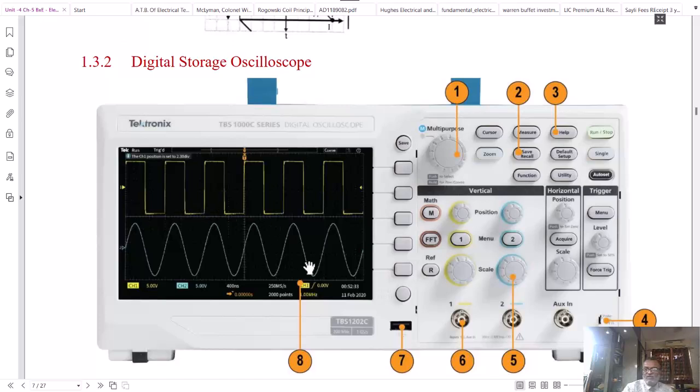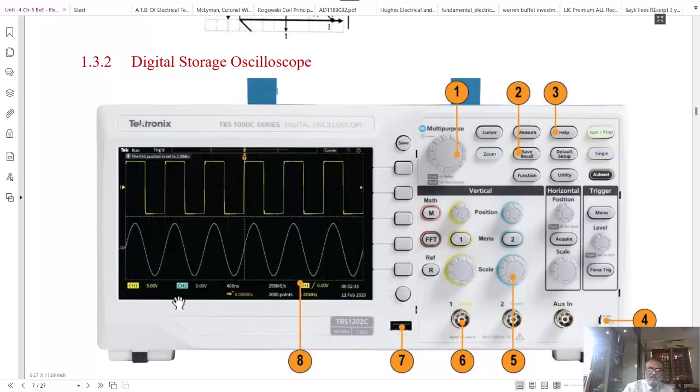So many functions are available. You can measure the rise time and fall time of the waveform also. These functions can be selected by using the selector switches present on the panel. That is the function selection. There is a utility menu in which many utility functions are there.